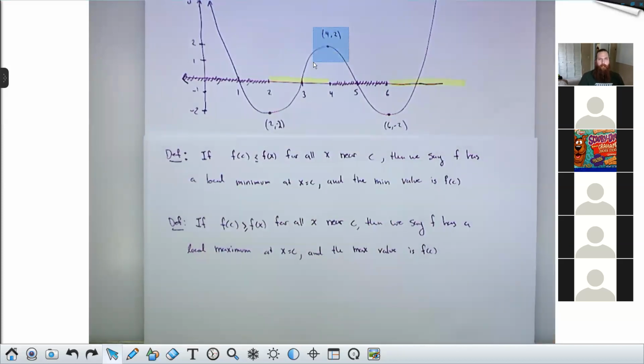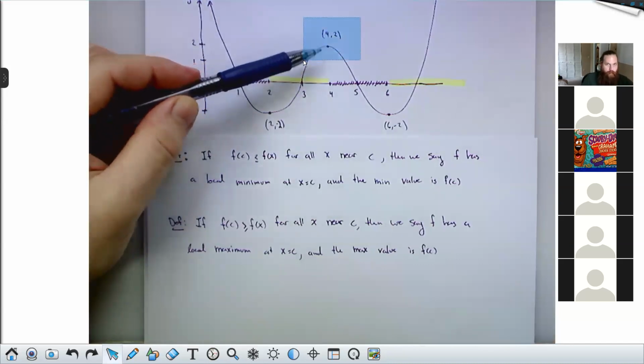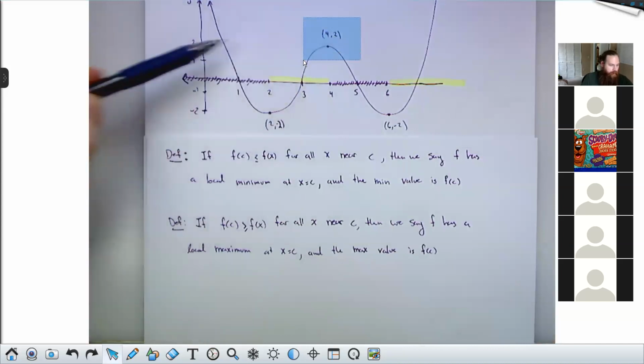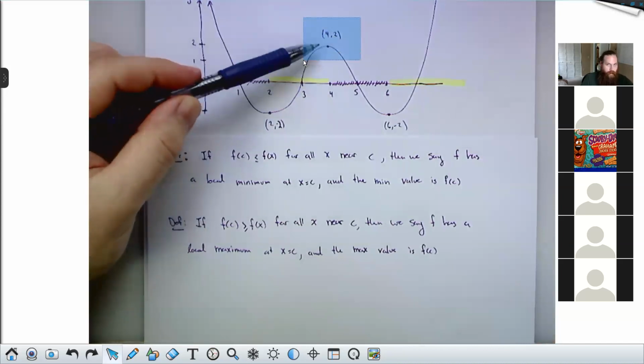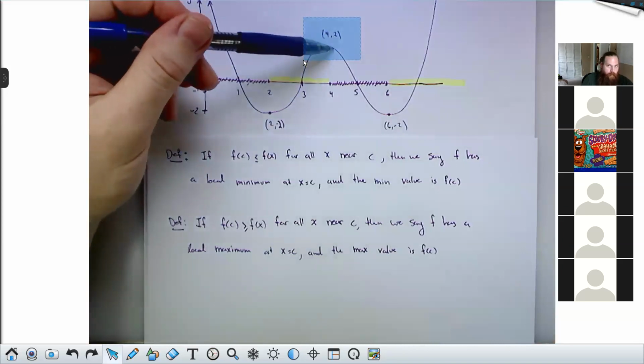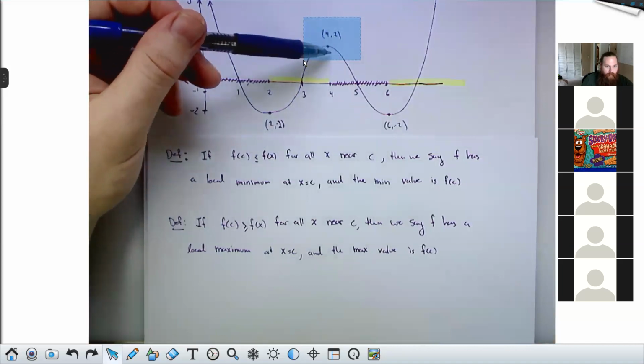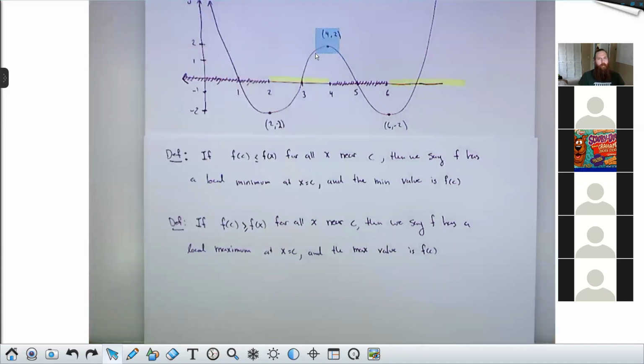So looking at this point, right here at x equals 4, the output for the function f of 4 is 2. And if you look anywhere nearby, anywhere in this blue box, all the other outputs are smaller. So this point right here, 4, 2, is a local max.